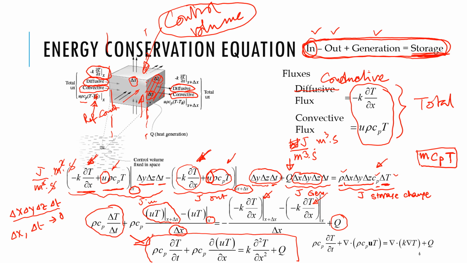If we want to write the most general version, then it's the same equation, but the convection term, for example, written in vector form is del dot rho Cp u t, and then the conduction term is del dot k del t. So this is the most general version.